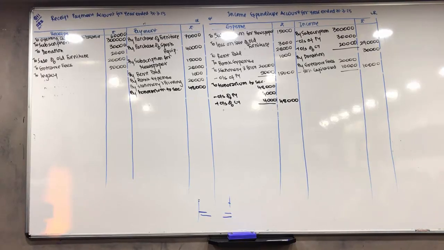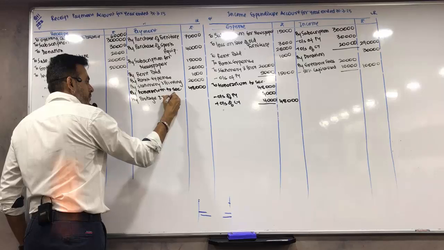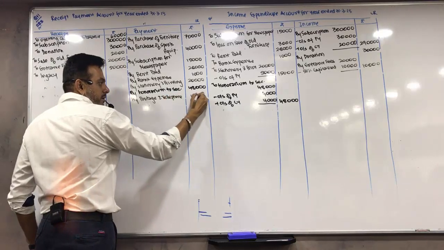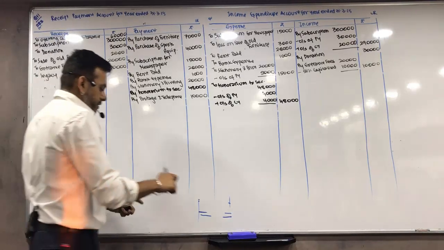Next, postage and telephone, it is also our payment and it is also our expense. By postage and telephone 10,000, to postage and telephone in expense 10,000.